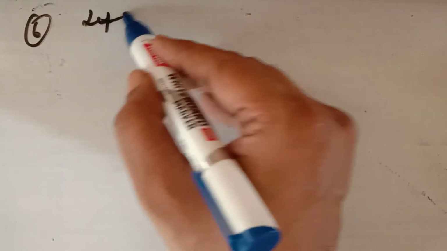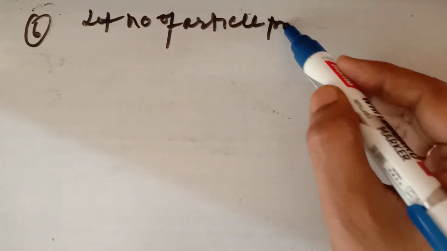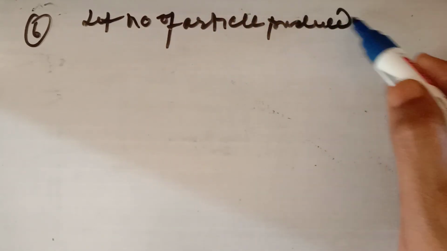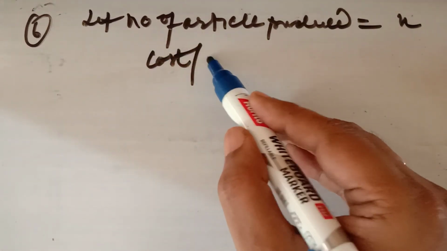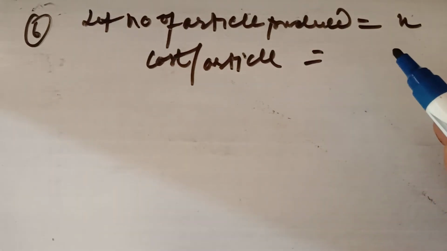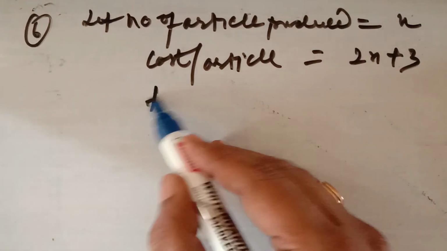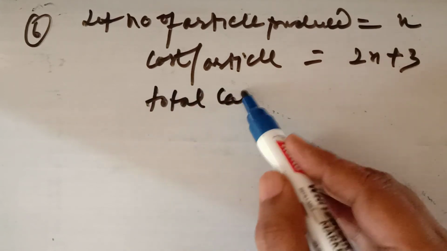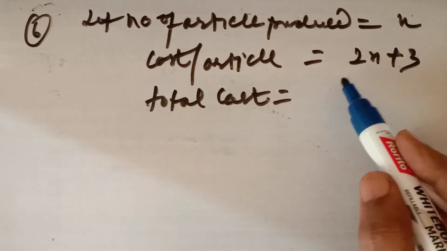So let the number of articles produced be x, then the cost per article is given as 2x plus 3, and the total cost is given as how much? Read the question, 90.